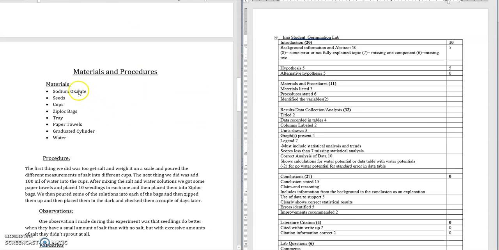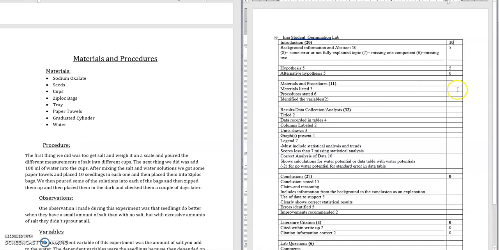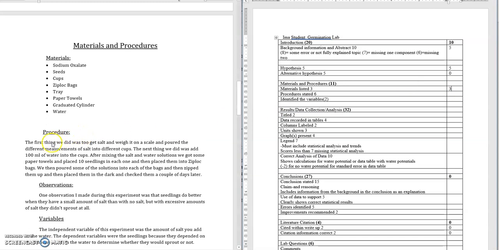When I look at the materials that she used, that's fine. You would get 3 points for the materials. However, with the procedures, I would notice that they're not outlined. It's more of a paragraph. I would prefer the procedure stated in a step 1, step 2, step 3 approach.